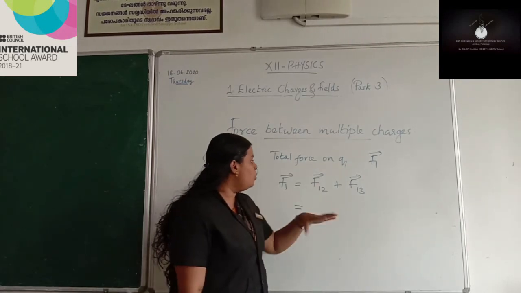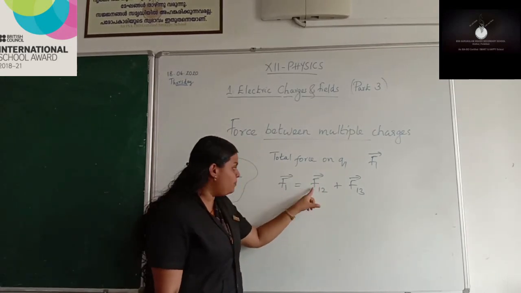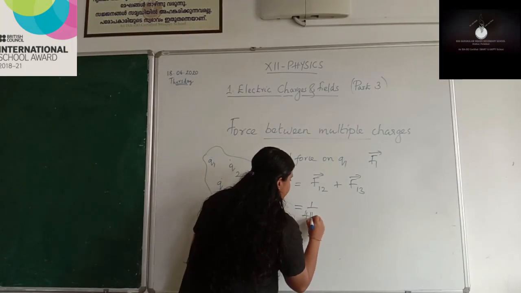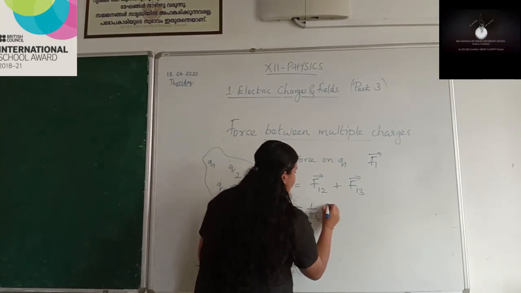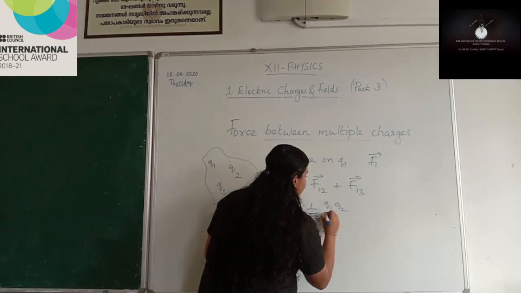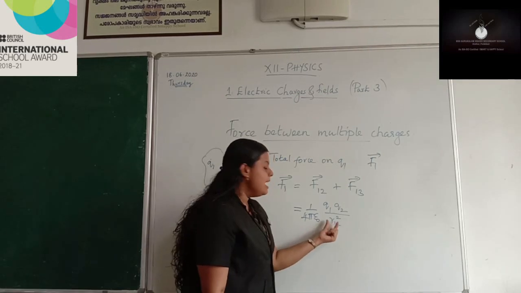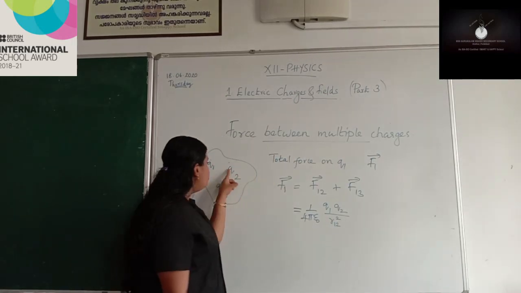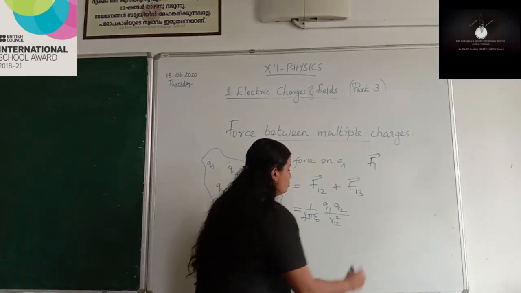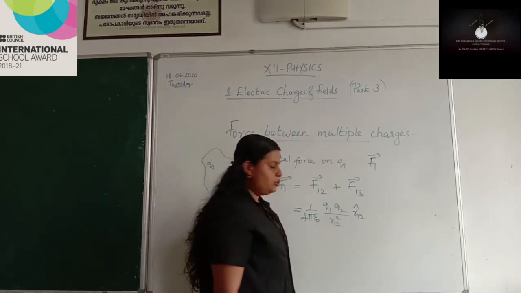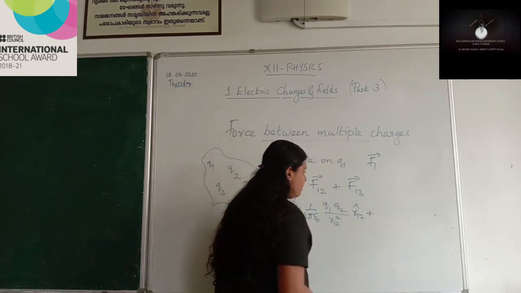Now from Coulomb's law, how can we express this force? F12 is 1 by 4 pi epsilon 0 Q1 Q2 divided by R12 square into unit vector R12, where R12 is the distance between these two point charges, and since this is a vector, R12 is the unit vector.